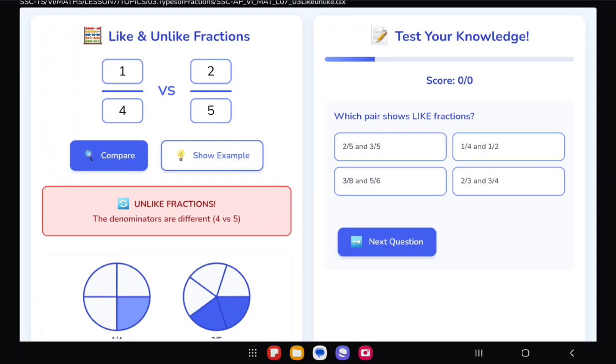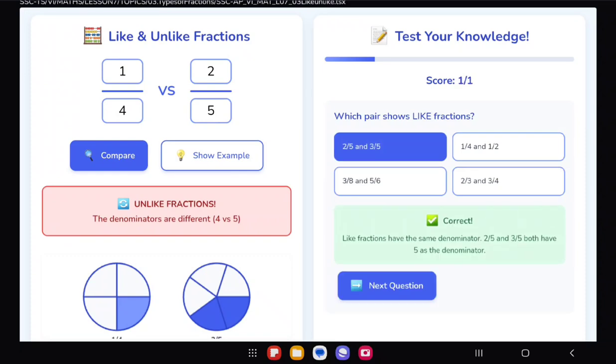The first pair, second one, third one, or the fourth one? The first one, as we can see here, is correct because like fractions have the same denominators. In the first one we have 2 by 5 and 3 by 5. The denominators are the same, but in all the other options the denominators are different. So the second, third and fourth options will be incorrect.